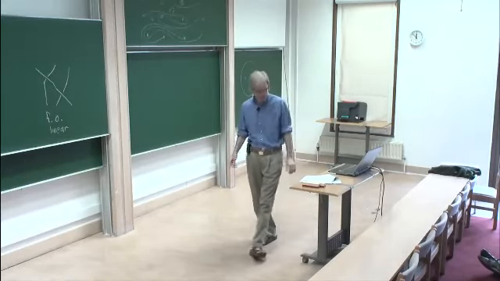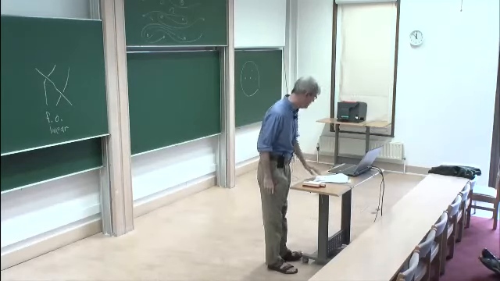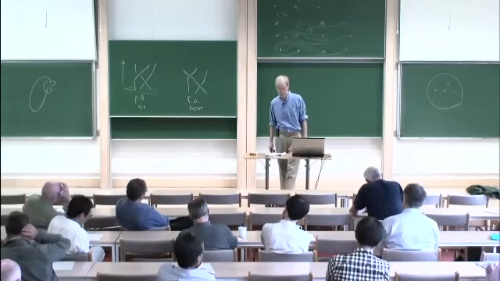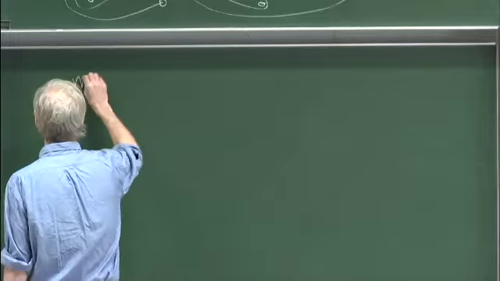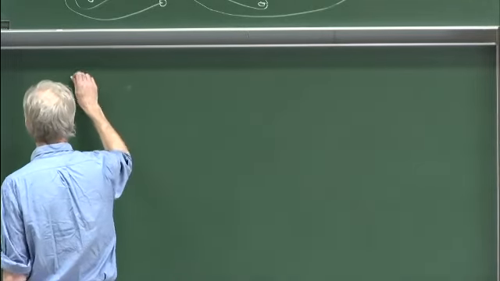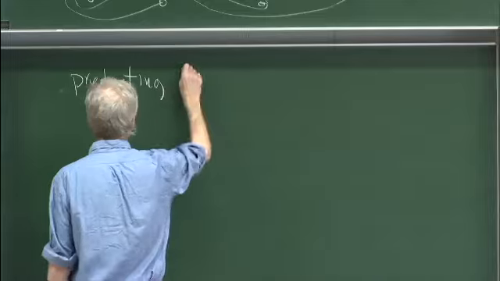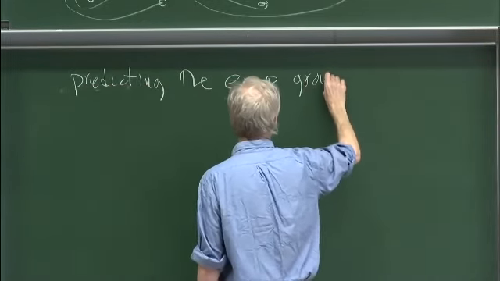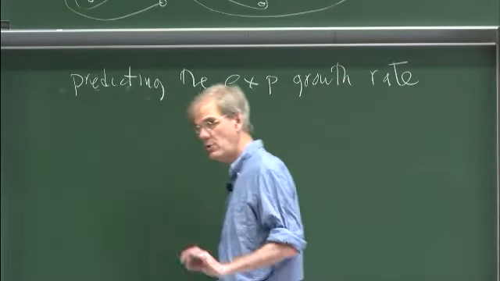Here's a way you can measure it using matrices. This works in general, but the 3 points are the simplest case. This is predicting the exponential growth rate, and in fact it really is a lower bound.